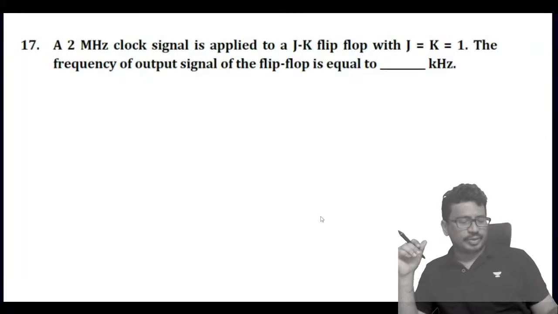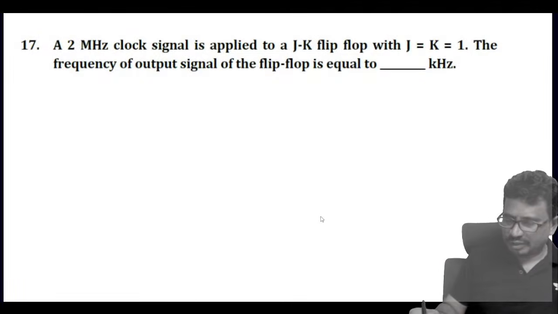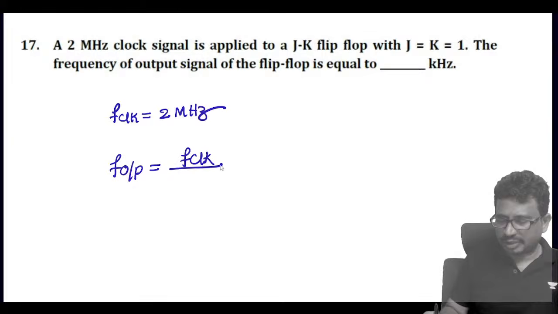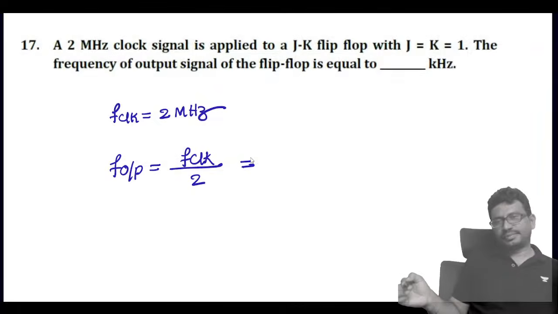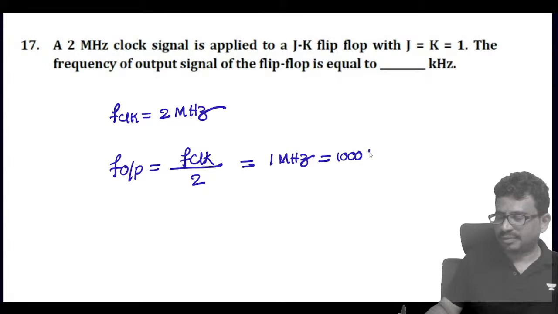The clock frequency given is 2 MHz. Now what is the output frequency? It is the clock frequency divided by the mod number. With only one flip-flop, the mod is 2. It will come as 1 MHz. But they ask in terms of kilohertz, so the answer is 1000 kHz.